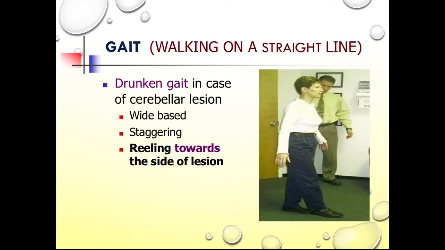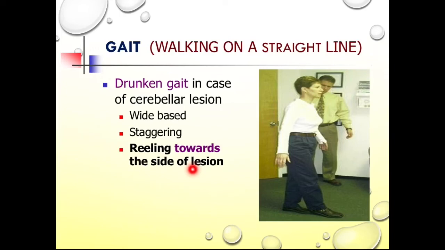Now, gait, walking on a straight line. You will ask the subject to walk on a straight line; I discussed the Romberg sign. Normally, a person will walk in a straight line with either the eyes open or the eyes closed. That is the normal thing.